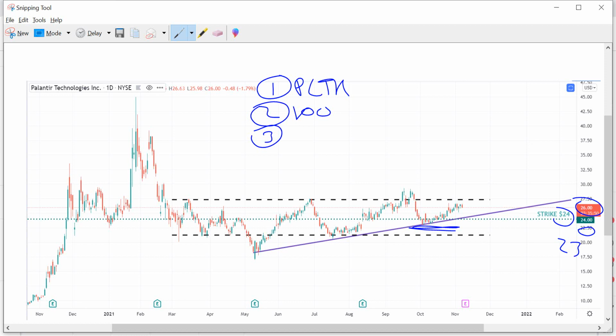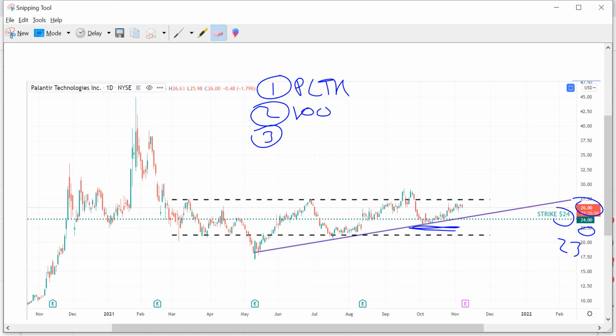And the reason why it's lower is because it is more likely that Palantir will not reach 23 or 22.50. It's more likely to hit 24 than it is 22.50 because it's just further away from the current price of 26 at the moment.